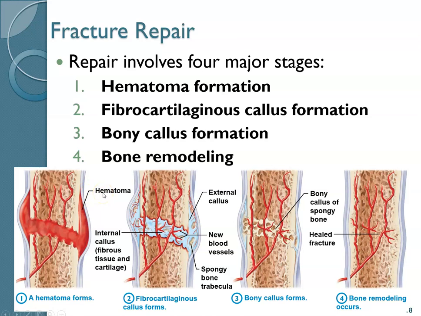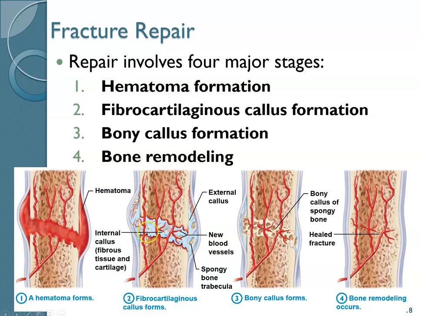Later, this hematoma will be broken down. What we're going to do is produce fibers. We try to connect this, and then form cartilage as well. Just like when we form the bone, we use cartilage. When we are healing broken bones, especially long bones, we generally use cartilage, right?